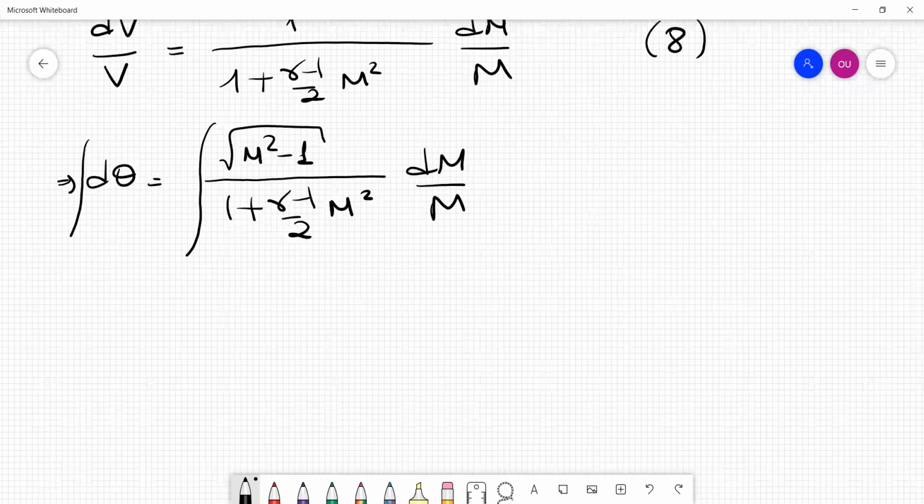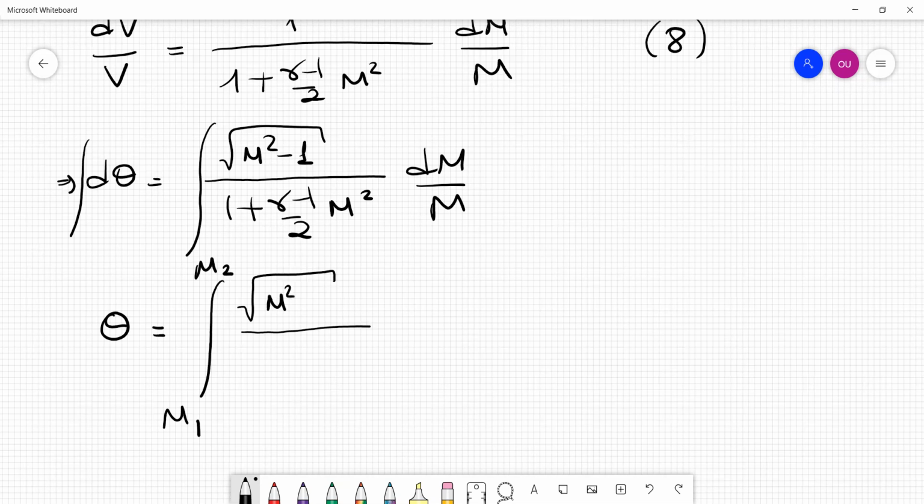When I integrate d theta, I will get an angle theta. And that angle theta can be calculated by integrating this from an upstream Mach number to a downstream Mach number, M1 to M2. It involves integration of the square root of M squared minus 1 divided by 1 plus (gamma minus 1) over 2 M squared, dM over M. Equation 9.